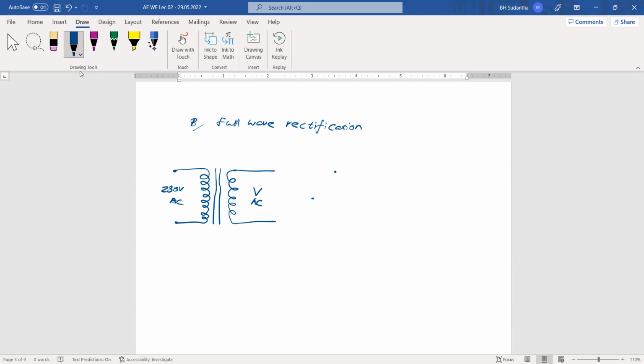You can have a different arrangement here, and we use 4 diodes.